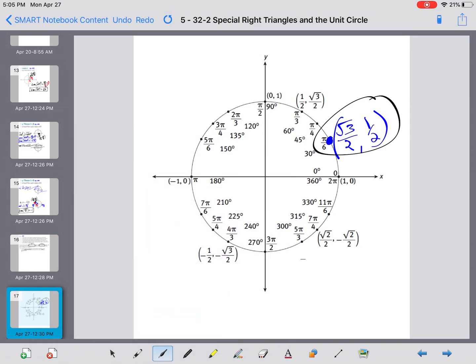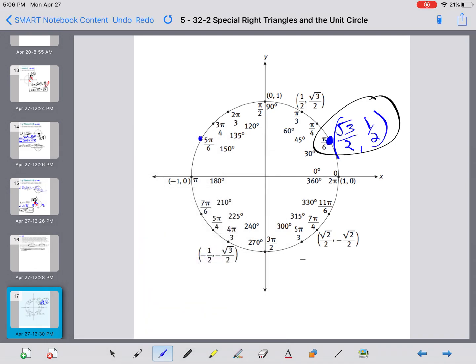Over here in quadrant 2, the x values are negative, right? Because remember, think about how you plot a point. You start at the origin, you go left, that's negative, you go up, that's positive. So this point right here is going to be negative root 3 over 2 comma 1/2, negative and positive. Let's actually do this in blue. We'll keep these all the same. Okay, so blue.